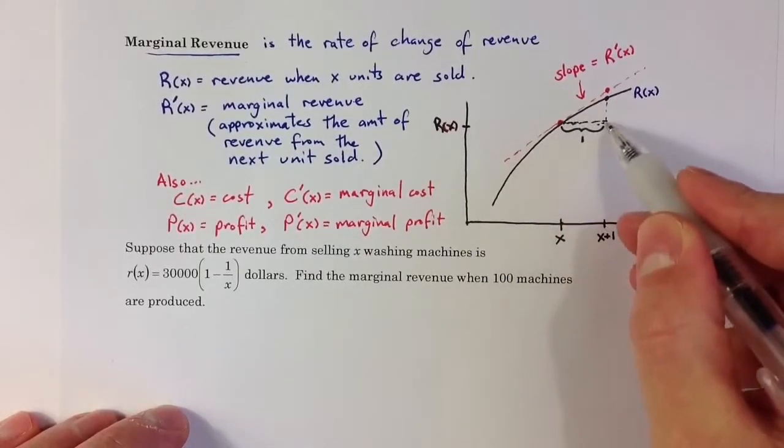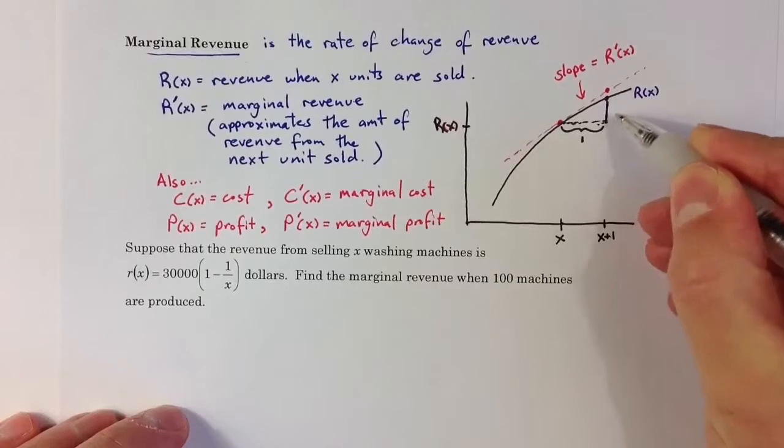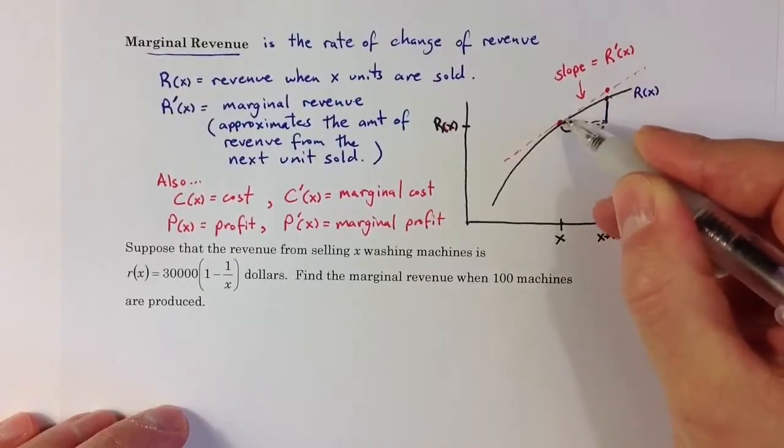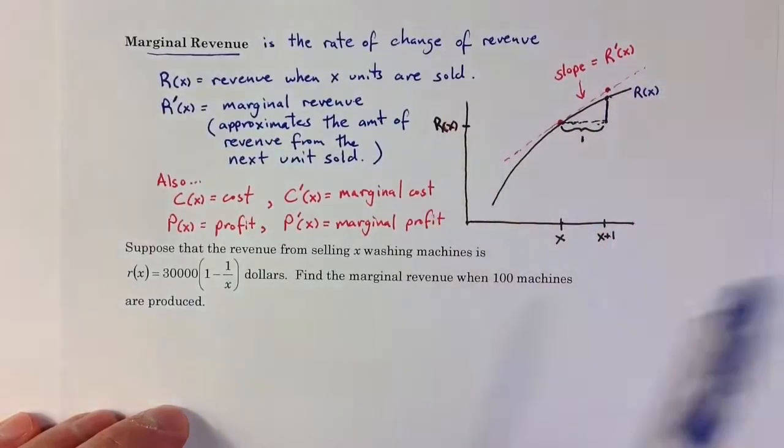And so 1 unit away, the difference between the actual change in the height of the curve and the slope of the tangent line, the change in the height of the tangent line is going to equal the slope. Those differences are quite similar.